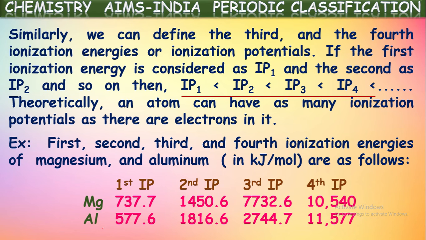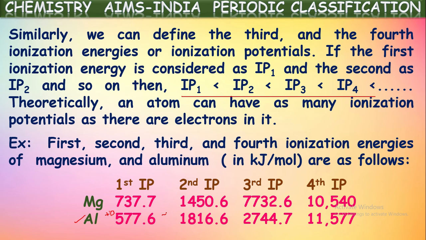Why? Because if you consider aluminium, and you remove an electron from its outermost shell, we know its outermost shell has 3 electrons. If you remove one electron, it will have 13 units of positive charge. After the removal of the electron, what happens?